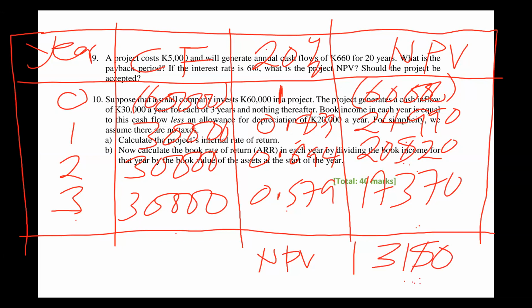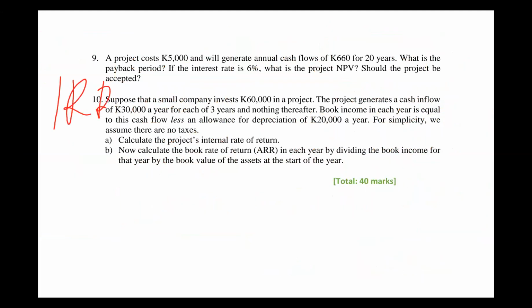So we have found the one that is positive, the other one is negative. Then you can use that formula of ours now to do the things. So the IRR is going to be what?